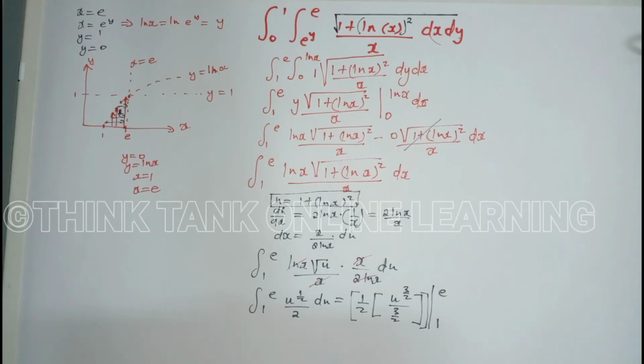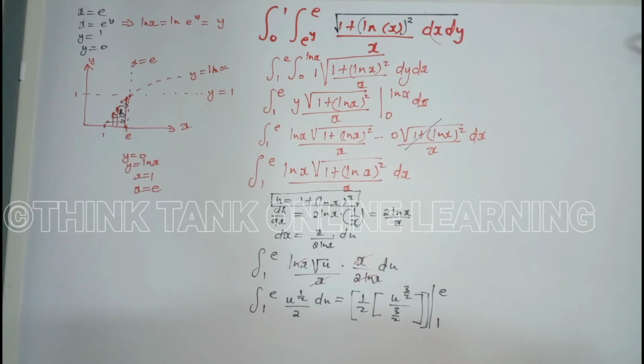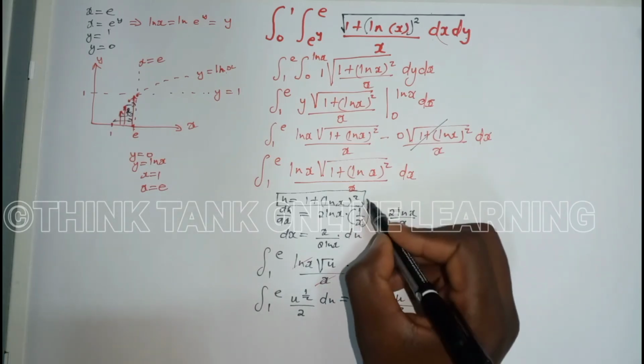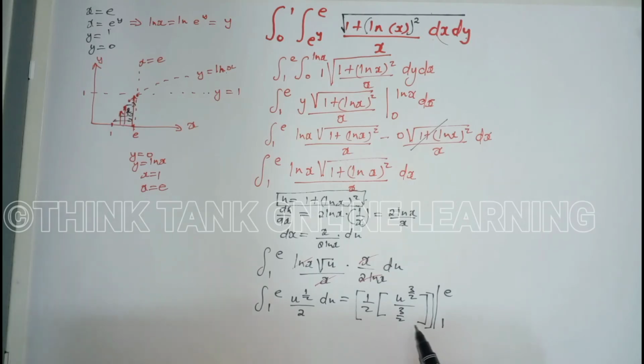Here, what is going to happen? We can just put e right here. We have said that this is u, so we're going to substitute u back.